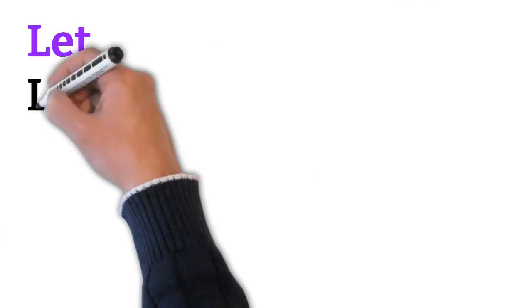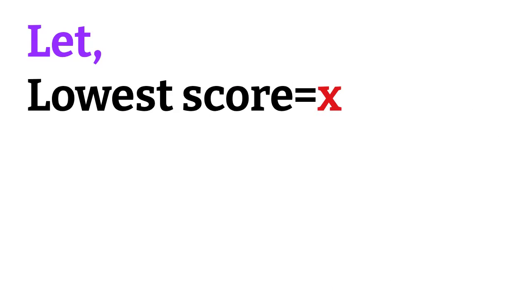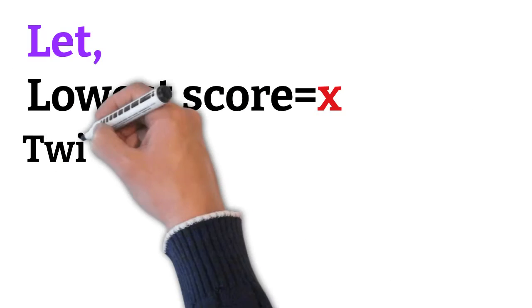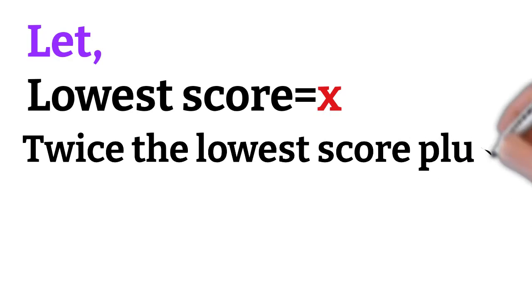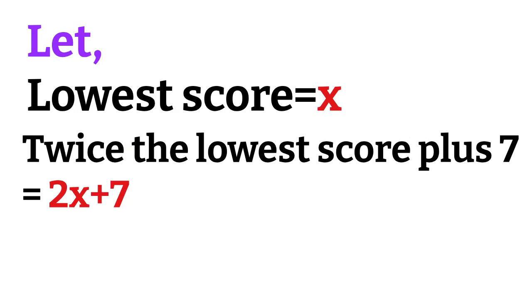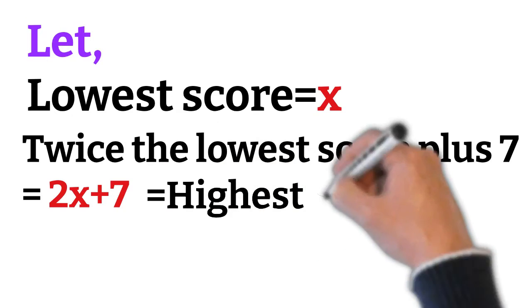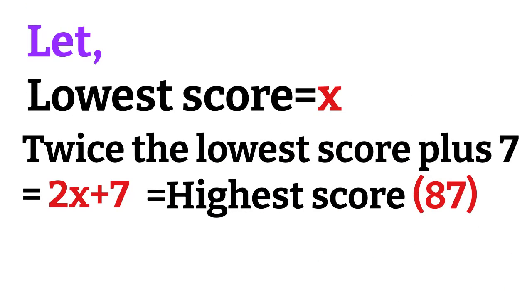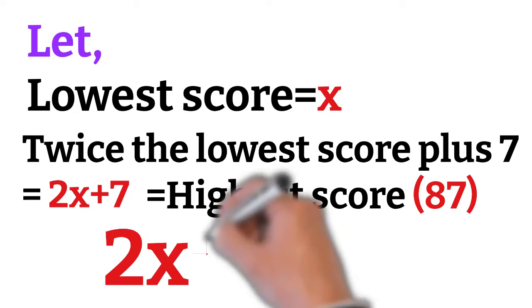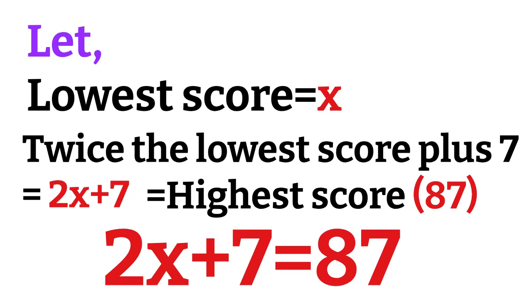Let the lowest score be x. Thus, twice the lowest score plus 7 means 2x + 7. Now, it is equal to the highest score, that is 87. That means 2x + 7 = 87. This is the equation. Now we have to solve it to get the solution, which is the lowest score that has been asked.